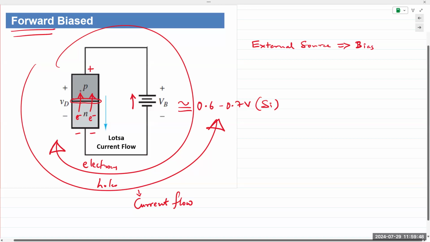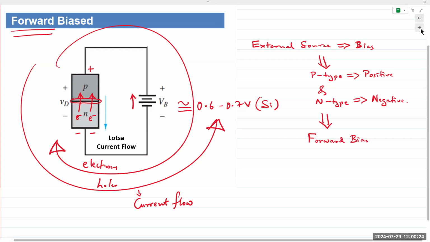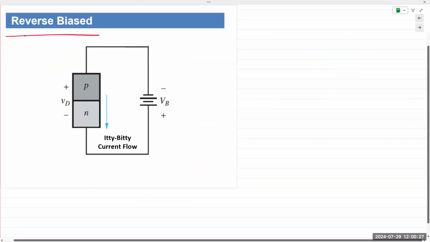So if you bias the p-type material positive and n-type with negative, we state that the diode, the PN junction, is now forward biased. If you connect it the opposite way, we say it's reverse bias: P-type material connected to negative, and N-type material connected to positive.